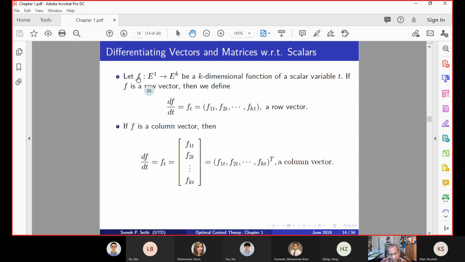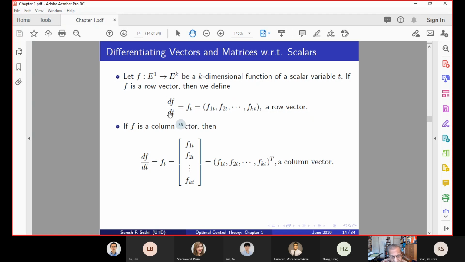If I have a function that goes from one dimension and takes values in k dimensions, then it's called a k-dimensional function of a scalar variable t. And it becomes df/dt.